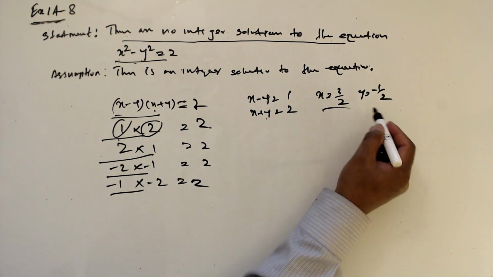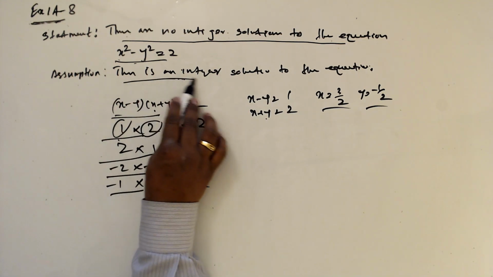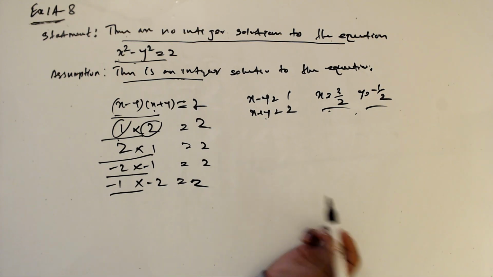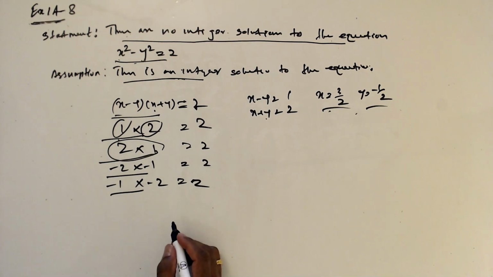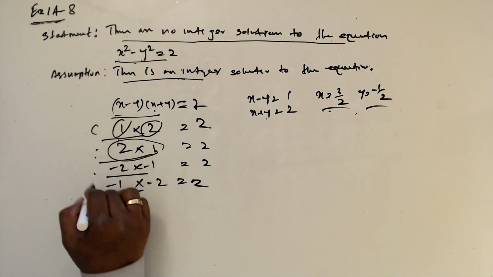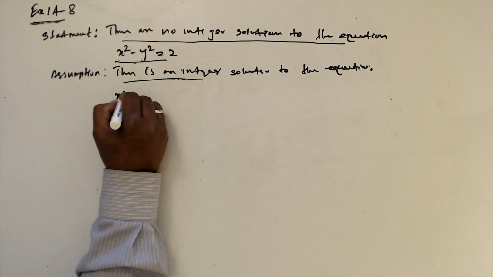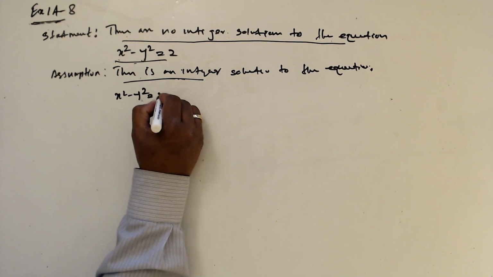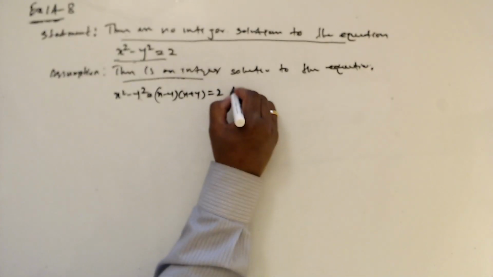So this is not an integer, this is not an integer, but our assumption is there is an integer solution, but they are not. So when you work out this one also, they are not. So we have 4 cases to discuss. x square minus y square equals x minus y times x plus y equal to 2.